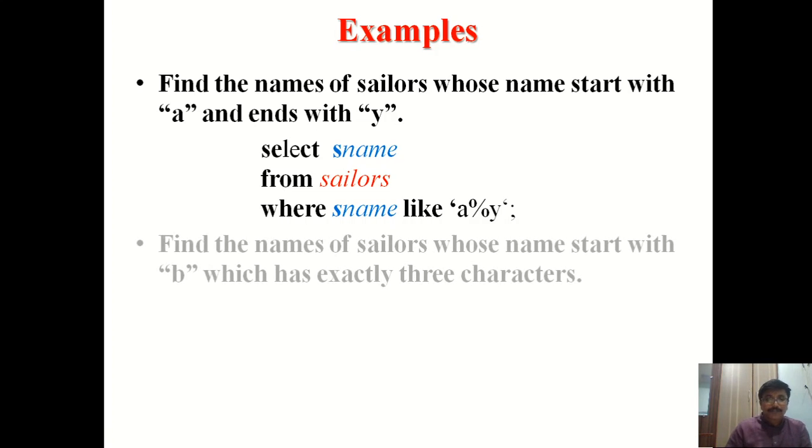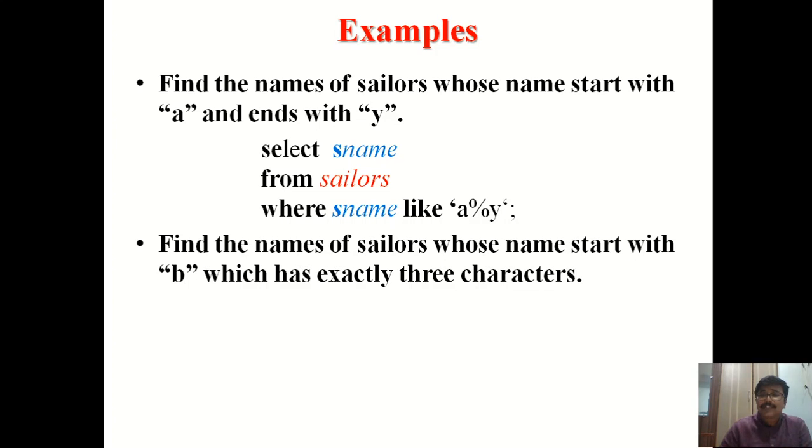If I go for the next query: find the names of Sailors whose name starts with B and has exactly 3 characters. The condition is that the name starts with B and has exactly 3 characters. How can we write this? The first one is B, which we know, and the next are any 2 characters.